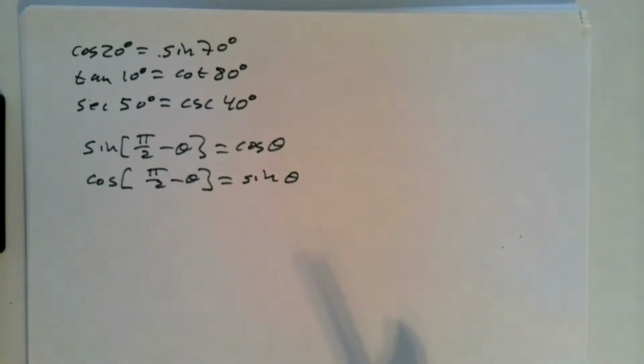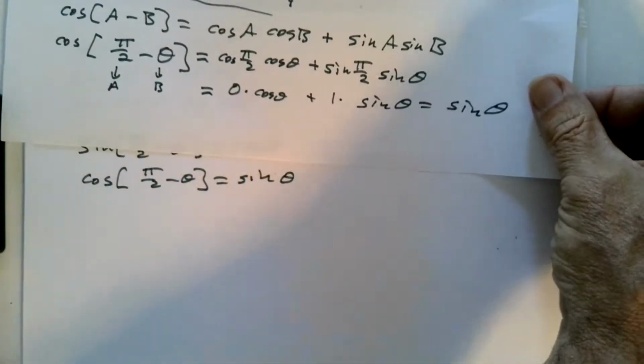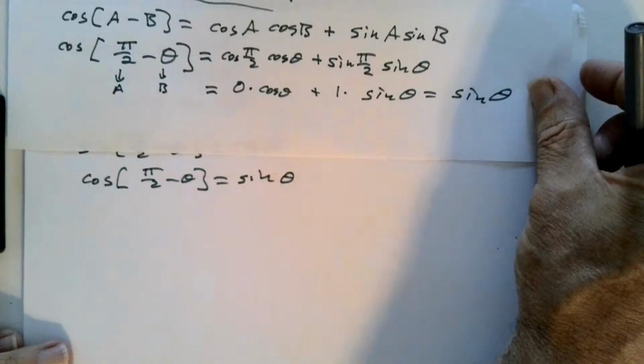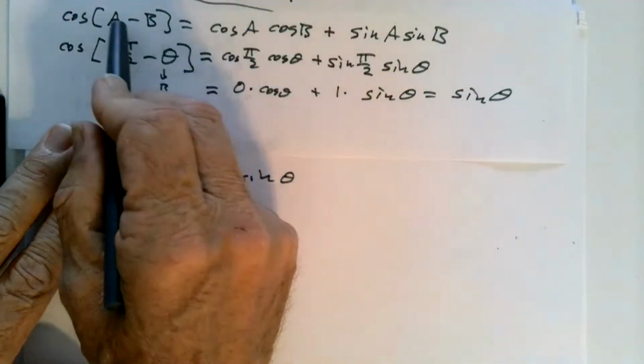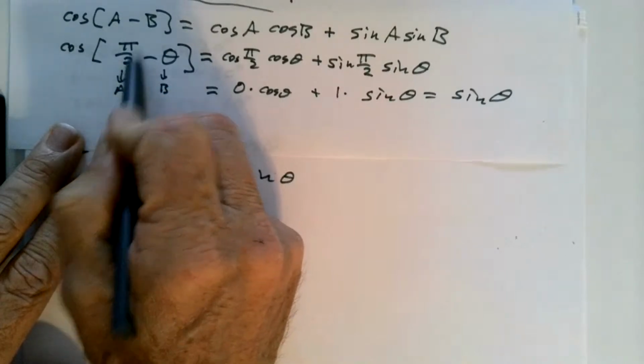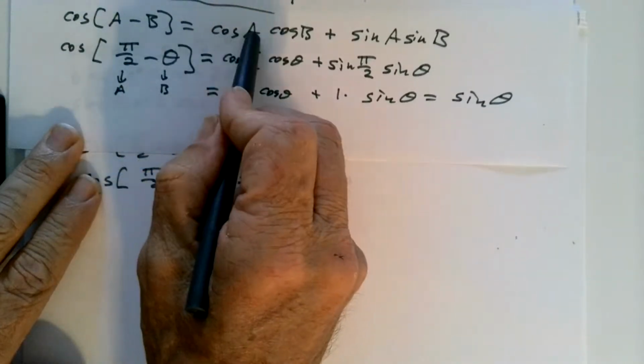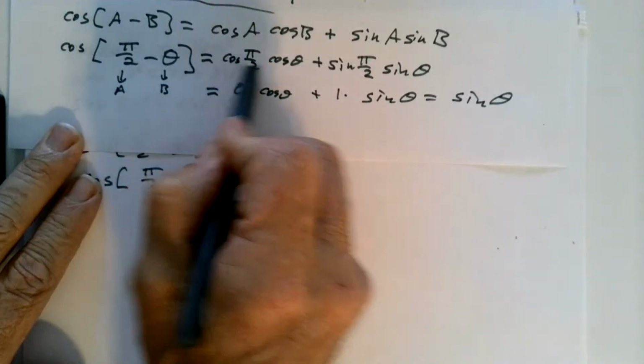Daniel says, I don't know how to do it. So we'll take one more look at it. What do we have? This is what we have. Cosine of A minus B is cos A cos B plus sine A sine B. So A is pi over 2. B is theta. Cos A is cos pi over 2 because A is pi over 2.